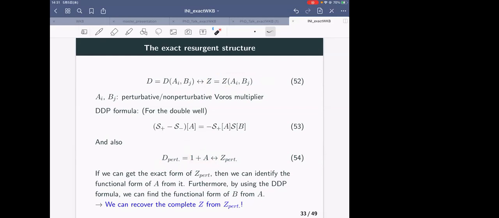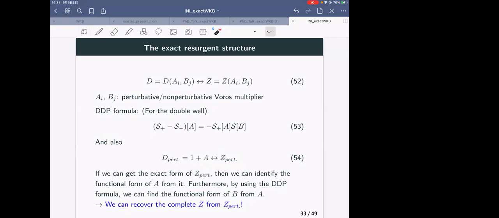Therefore, if we can get the exact form of the partition function like this, by using a Feynman diagram or some other method, then we can identify the functional form of A from it. And using the DDP formula, we can identify the functional form of B from this equation.